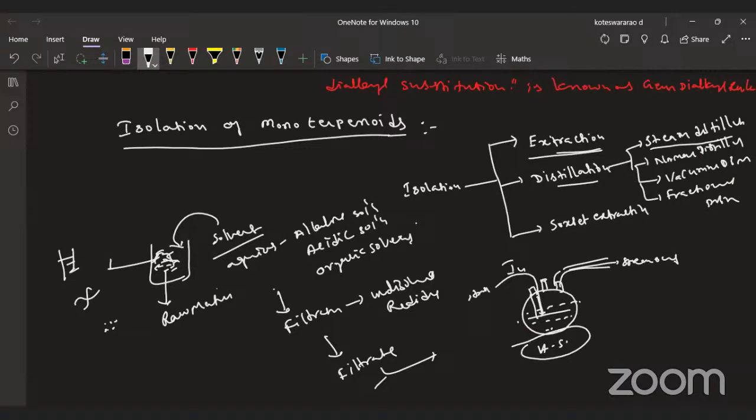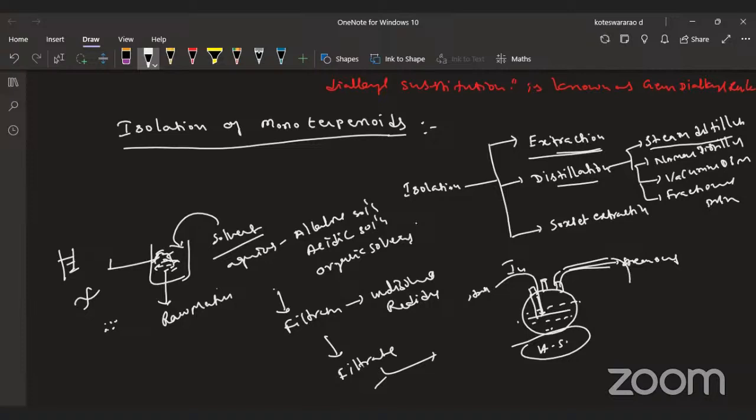Whenever it comes out, it carries some essential products or natural products which have vaporization points, or boiling points, below 100 degrees. Those compounds come along with the steam.